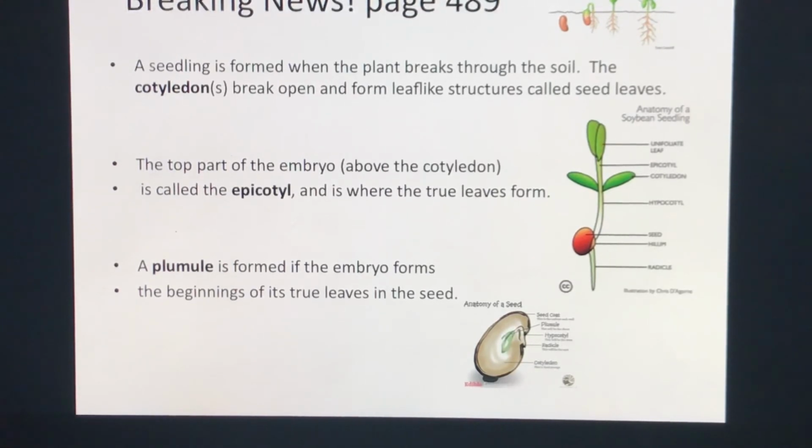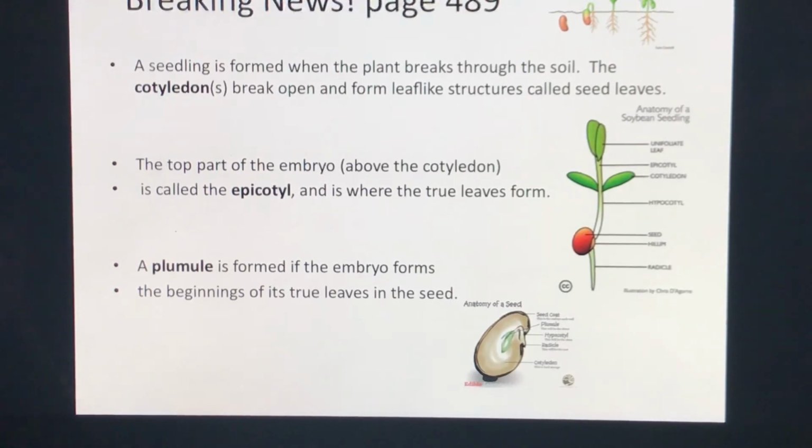So, just to review a few things, a seedling is formed when the plant breaks through the soil. The cotyledons break open and they form sort of leaf-like structures. They're not considered true leaves, but they're called seed leaves. So on this figure, that's an example of those there. The top part of the embryo above the cotyledon is called the epicotyl.